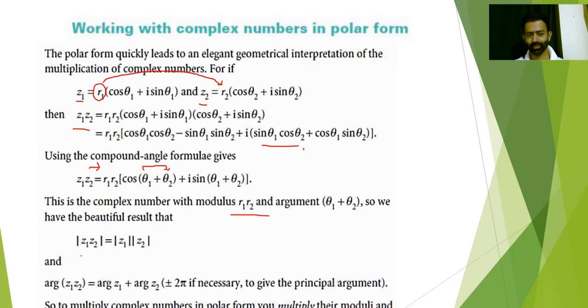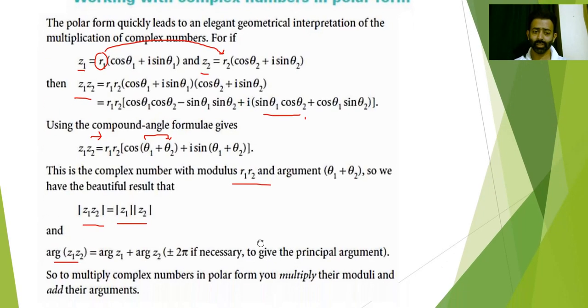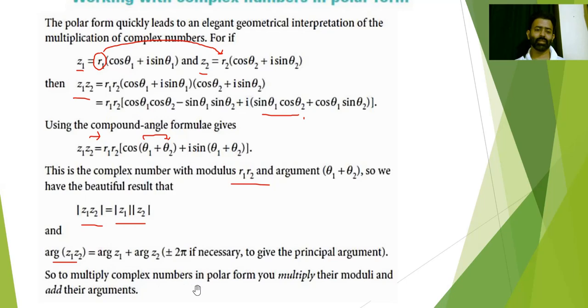The magnitude of z1 z2 is the product of the two magnitudes, and the argument of z1 z2 is the argument of z1 plus the argument of z2, and we can add or subtract 2 pi if necessary to give the principal value of the argument, right? To multiply complex numbers in polar form, you just multiply their moduli and add their arguments.